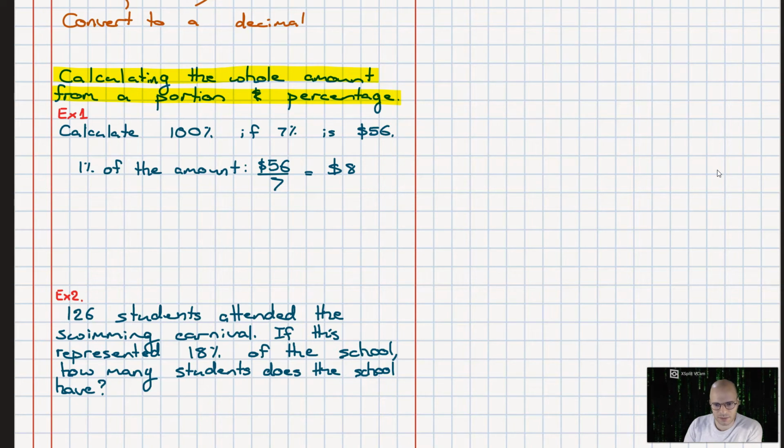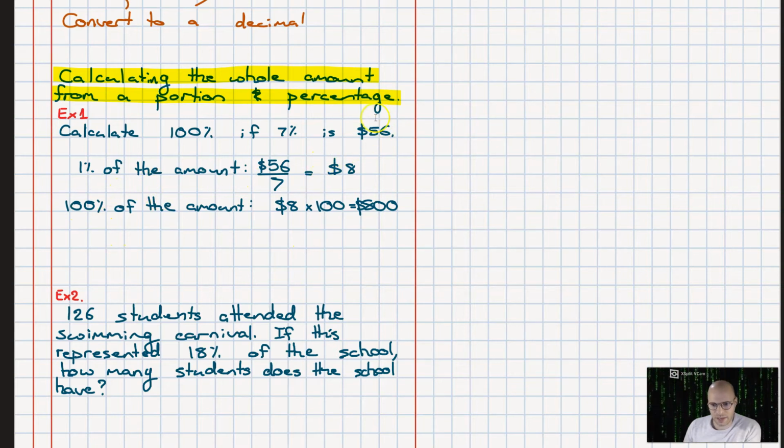Now, if 1% is $8, then 100% is $8 times 100, and that's going to come out to be $800. So what we do to find 100% of the quantity is we simply divide the portion we're given by the percentage we're told it is, and that will find the 1%.